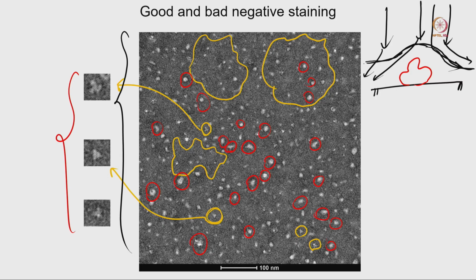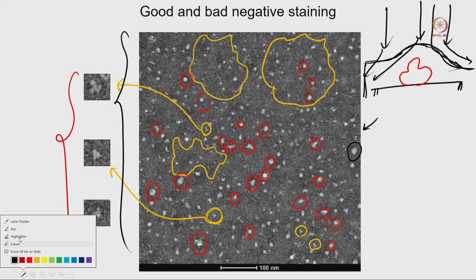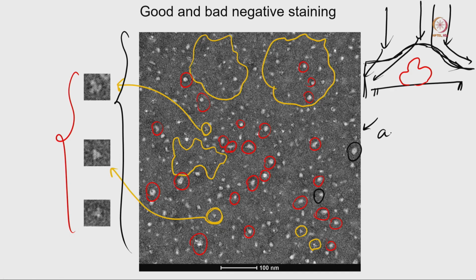If this is a thick stain sample, definitely it will be very difficult to isolate and visualize our protein sample properly. So again, if we consider this sample, this is a bad negative stain.